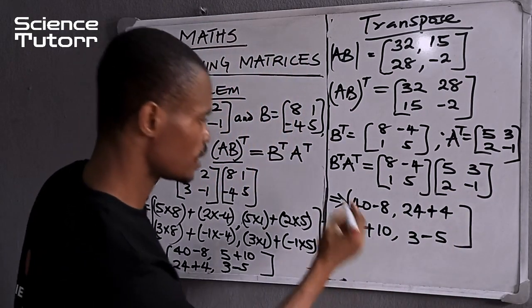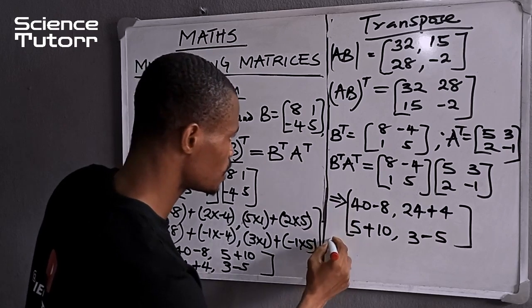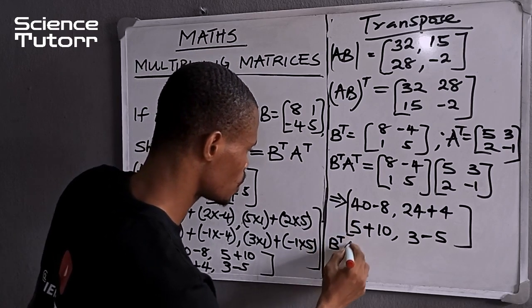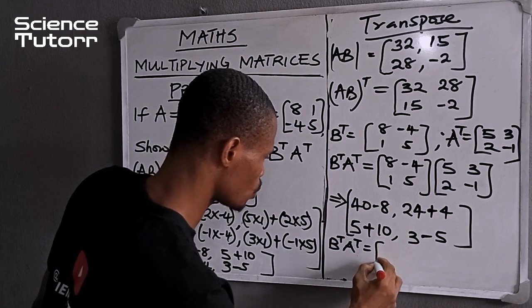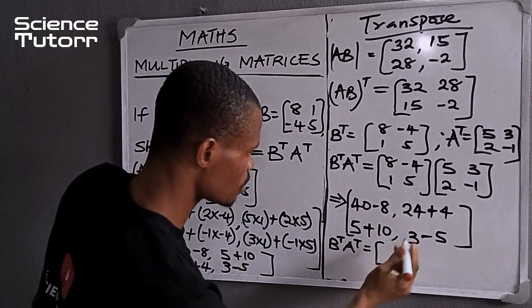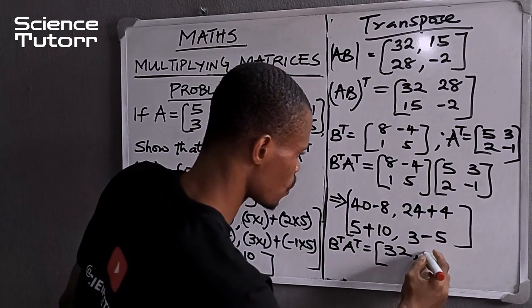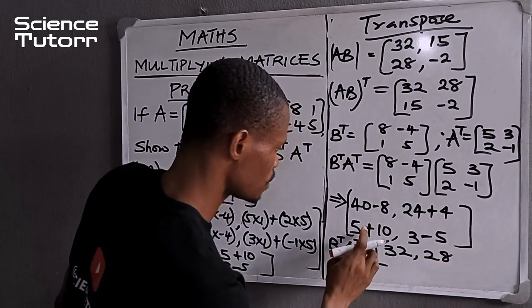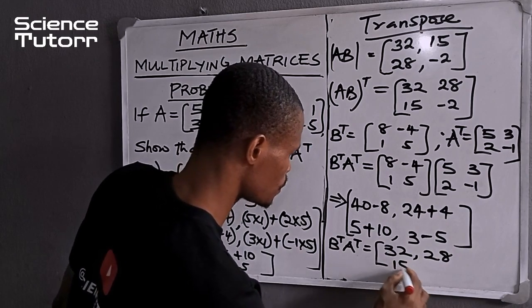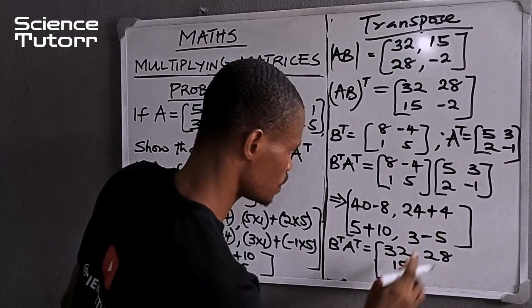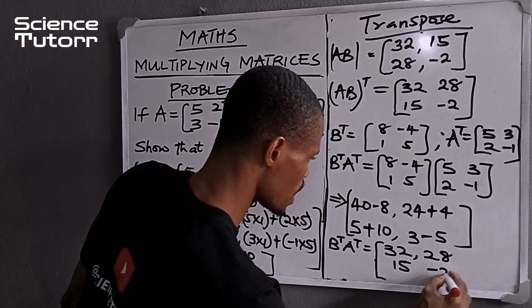At the end of the day, we have B transpose A transpose equal to 40 minus 8 gives us 32, 24 plus 4 gives us 28, 5 plus 10 gives us a 15, 3 minus 5 gives us a minus 2.